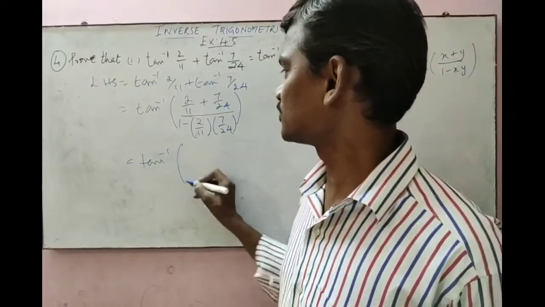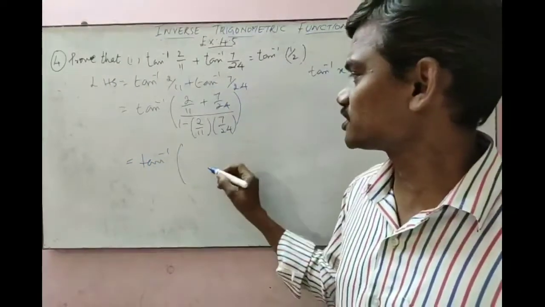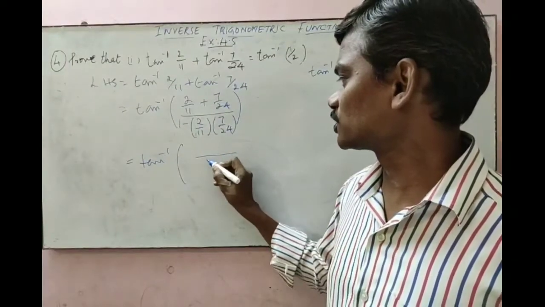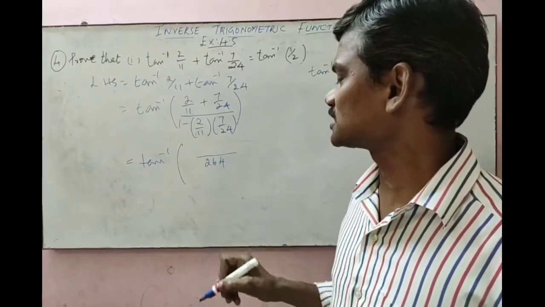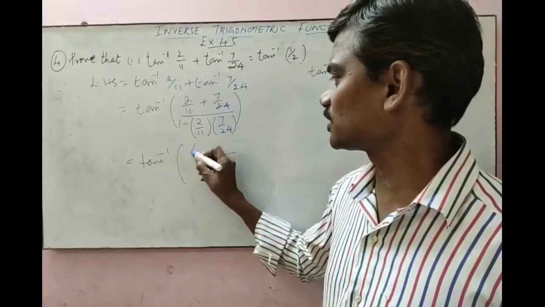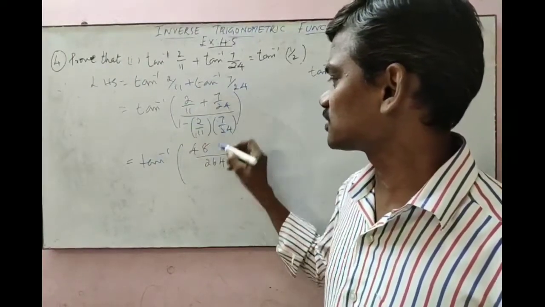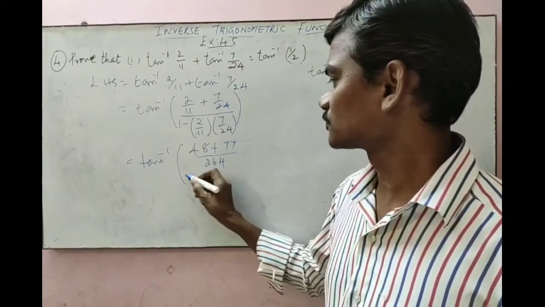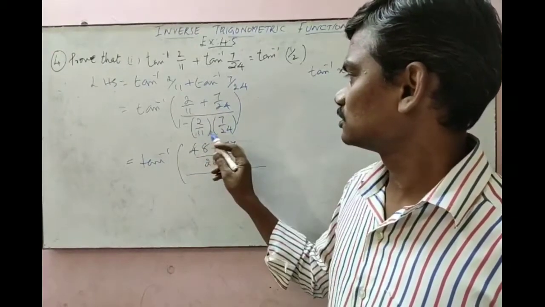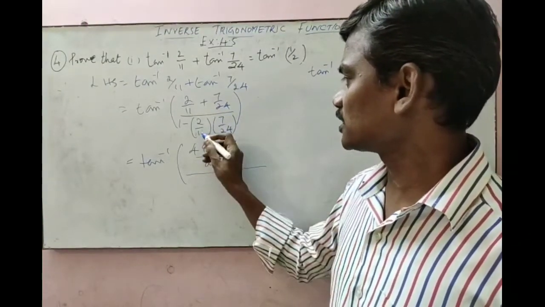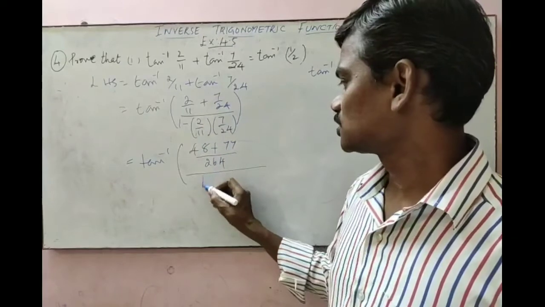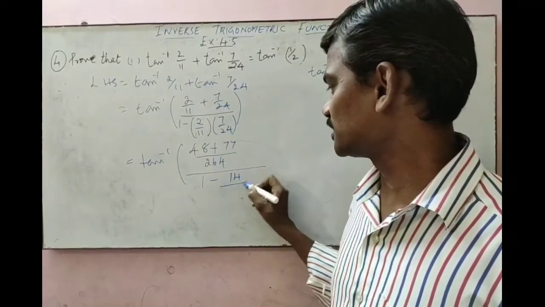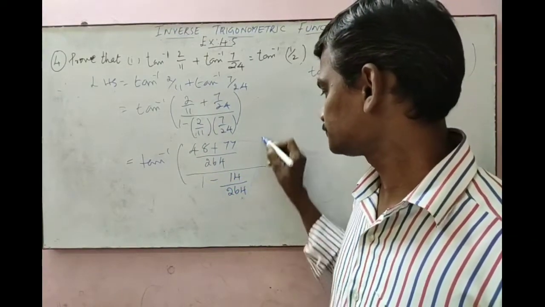So tan inverse of, next step, what is the LCM of these two? 11 into 24 gives 264. That is the LCM. If you cross multiply here, you will get 48 plus 77, 11 into 7 gives 77, whole divided by, here no need to cancel this, you will get 1 minus 14 by 264.